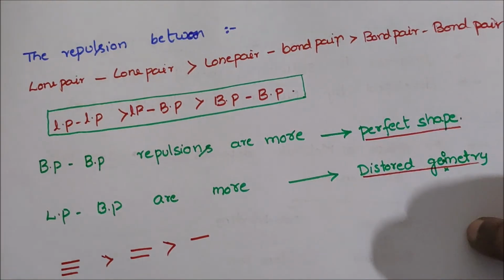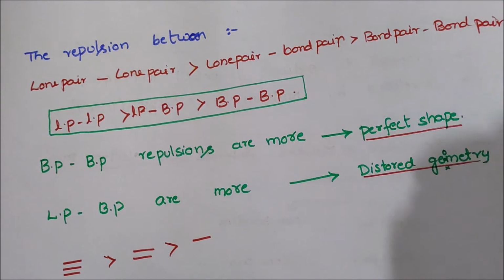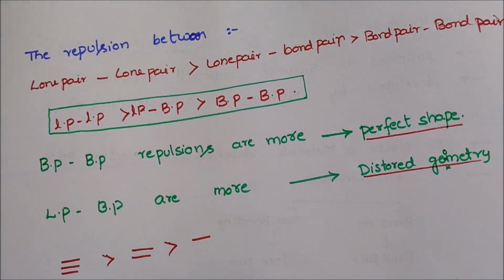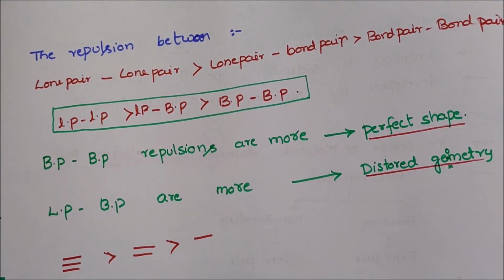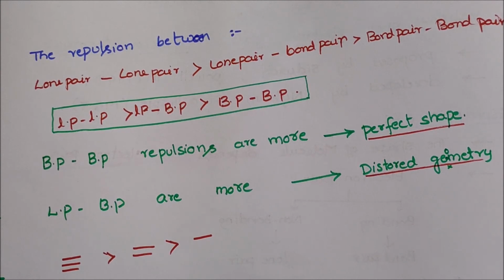So the most repulsions are between lone pair and lone pair, then lone pair and bond pair, then bond pair and bond pair. Less repulsion is present between bond pairs. The bond pair to bond pair repulsions give the perfect shape of the molecule, and the repulsions between lone pair and bond pair give a distorted geometry of the molecule.